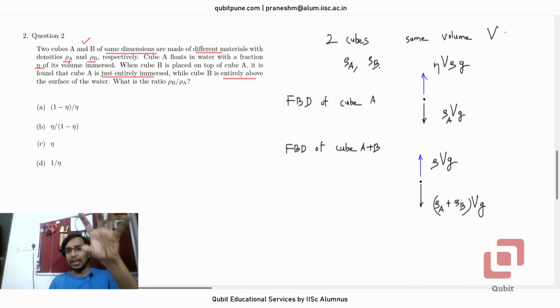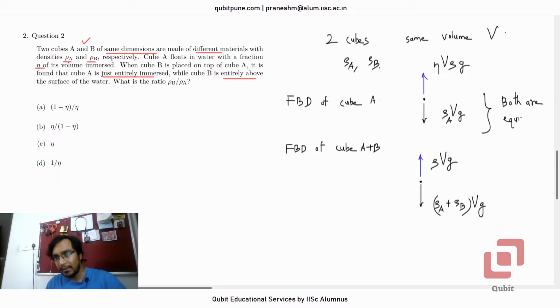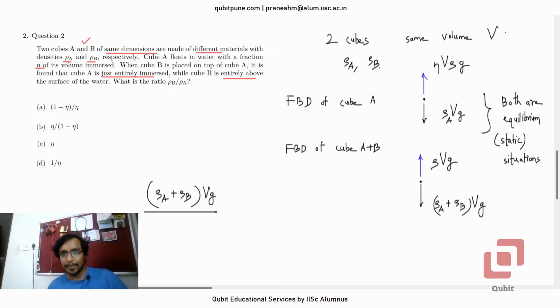Correct? Now what we will do is, we know that these are two equilibrium situations, right? Both are equilibrium situations. In fact, both are static equilibrium situations. Correct? So, because we want the ratio rho B upon rho A, let us divide rho A plus rho B into Vg by rho A Vg.